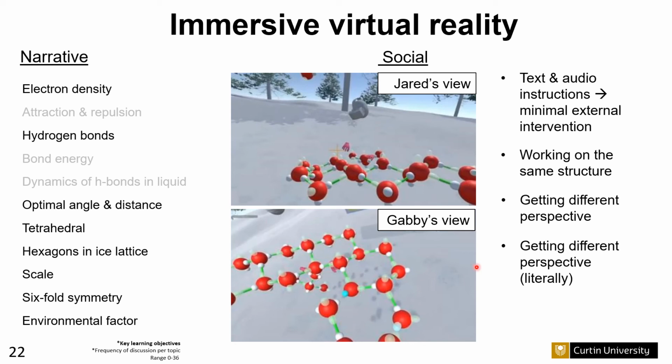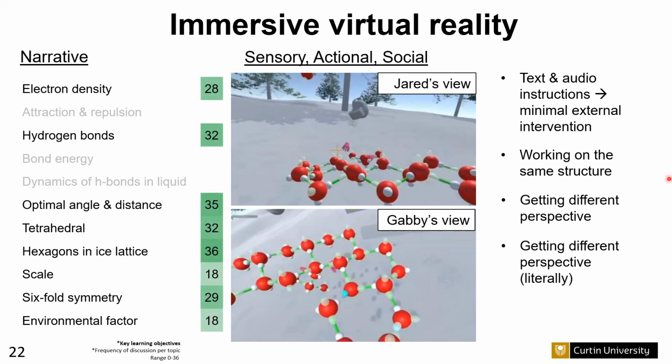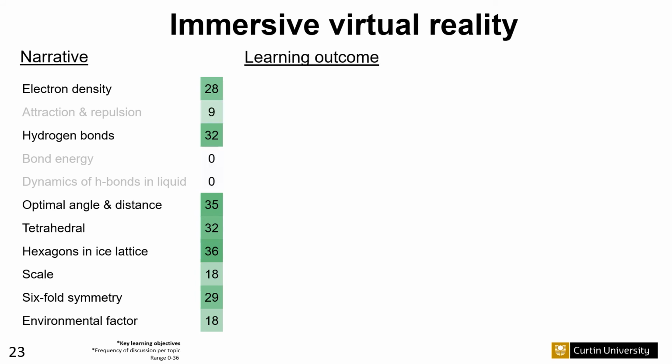So even though they're working on the same structure, because of their position, they saw a different aspect of the structure. Therefore, the experience became richer. And with this sensory, actional, and social immersion, students were able to discuss all the key learning objectives expected and have a comprehensive discussion.